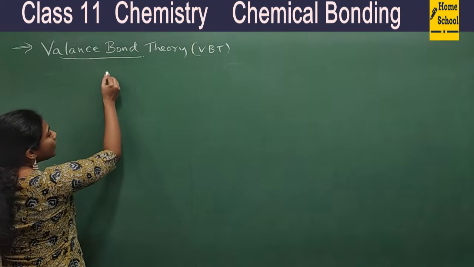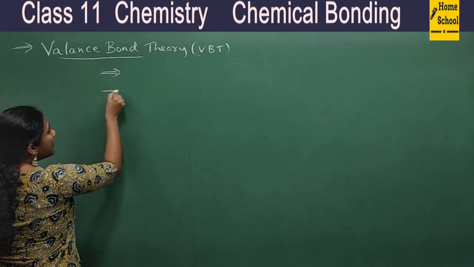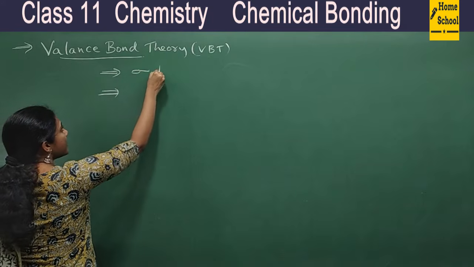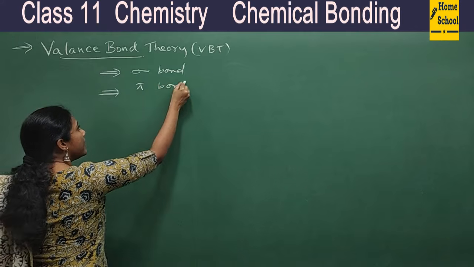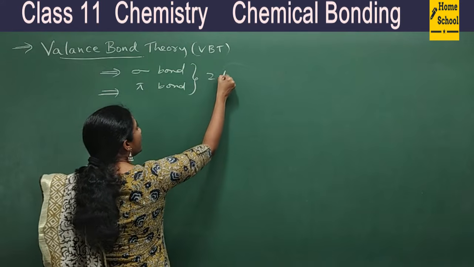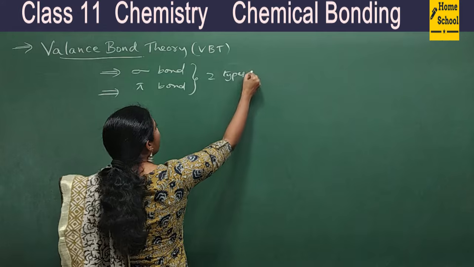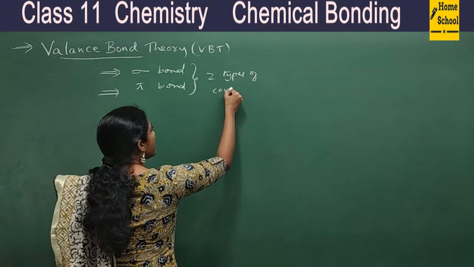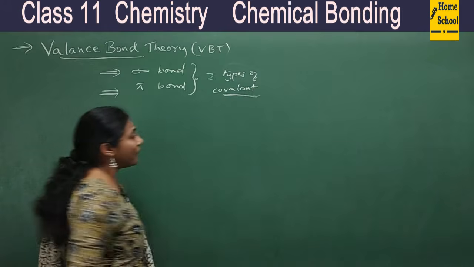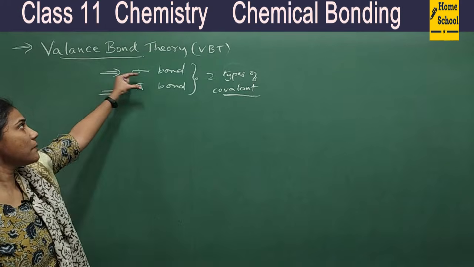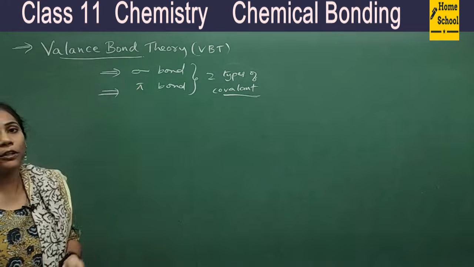See guys, we all know that there are two types of covalent bond. One is a sigma bond, the other one is a pi bond. So these are two types of covalent bonds.